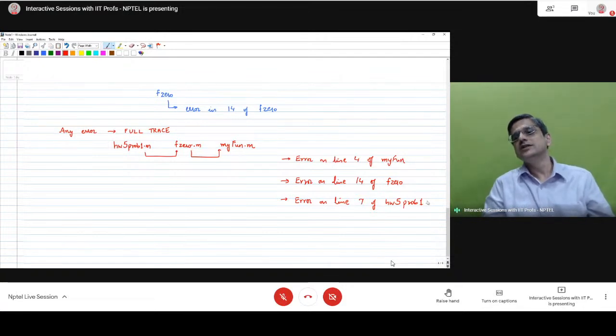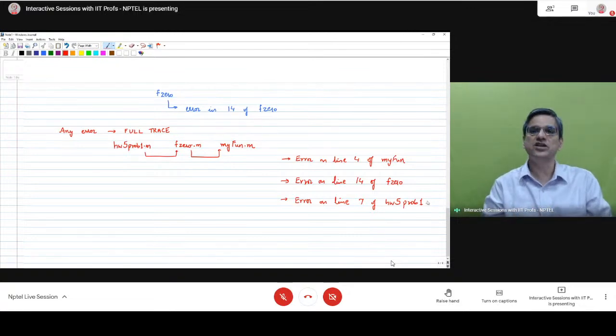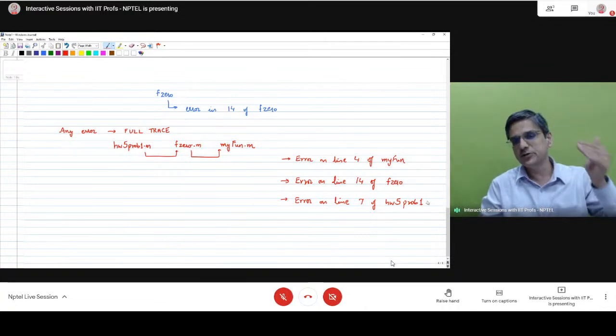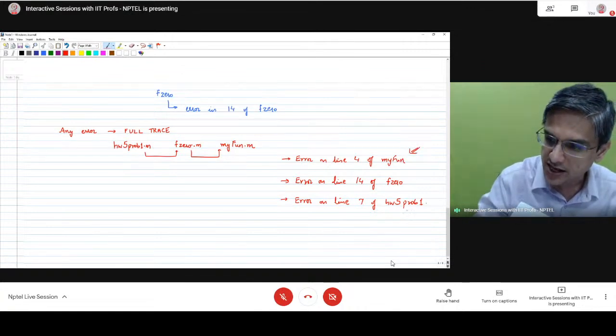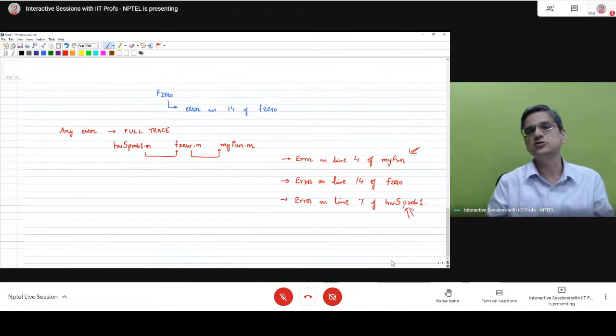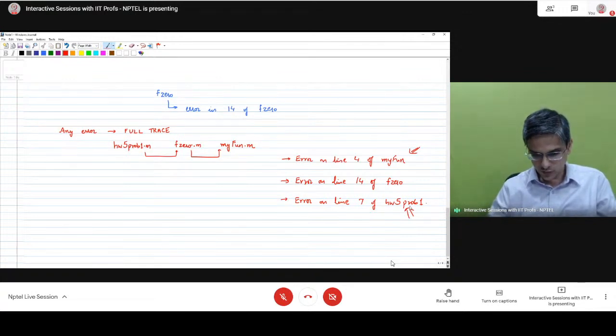So the error could either be between line 1 to line 4 of myfun, or it could even be on line 7 of HW5 prob 1. That's why MATLAB gives you the full trace, so you may want to check each of these to find out where the error is. That's the reason why MATLAB gives you the full trace for debugging. I hope that is clear.